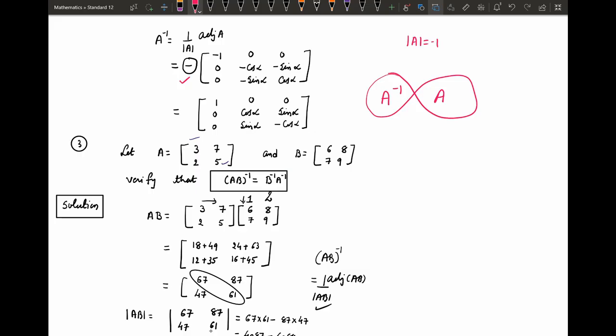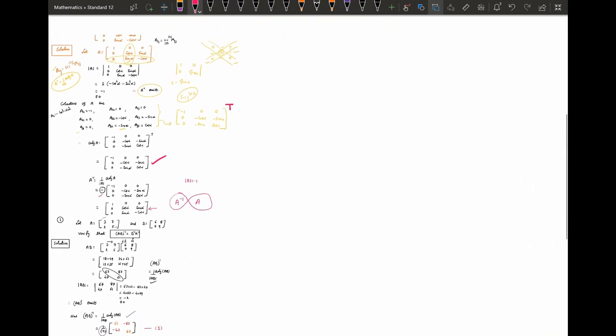This is A inverse, and this is A. So you can verify that A and A inverse are the same.